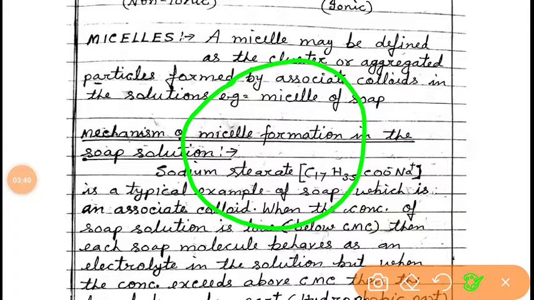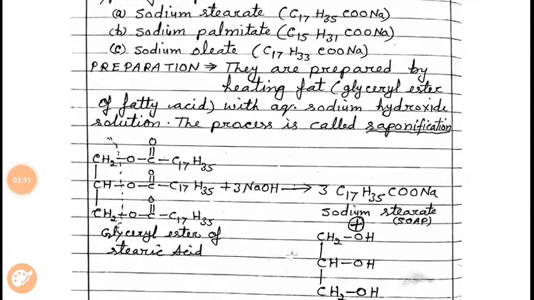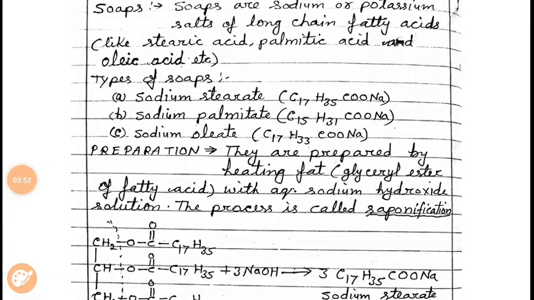For example, I have explained the best example of soap, that is sodium stearate. And the formula of sodium stearate is this.